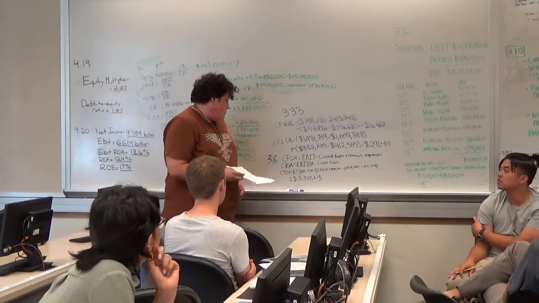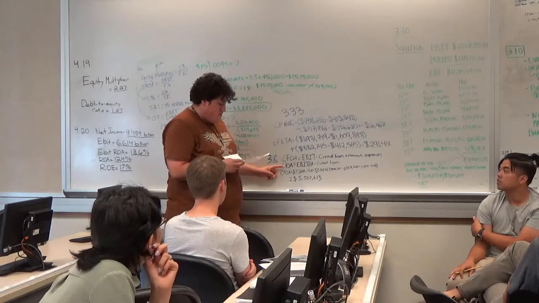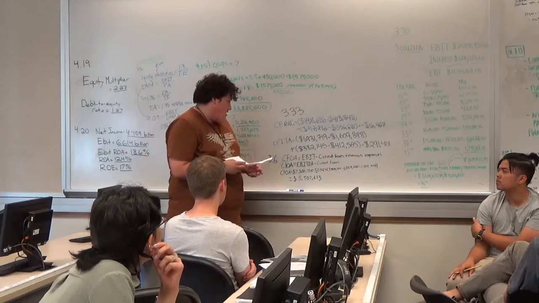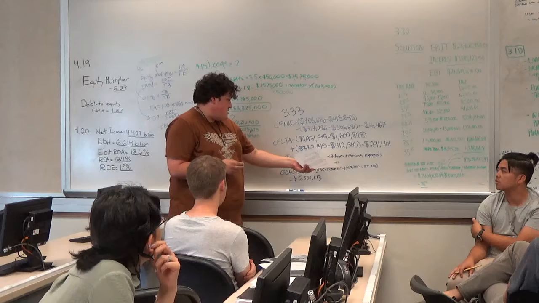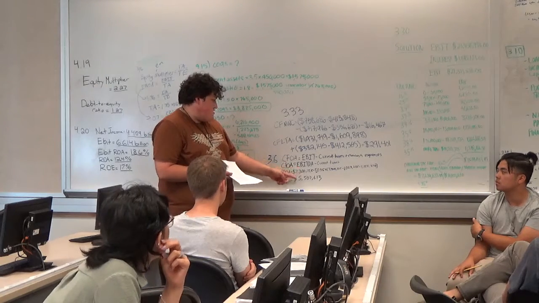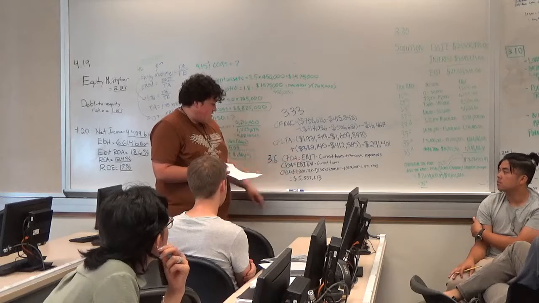So you start with the equation of cash flows from operating activity equals earnings before interest and tax minus current taxes plus non-cash expenses, which then turns into earnings before interest, tax, depreciation, and amortization minus current taxes.